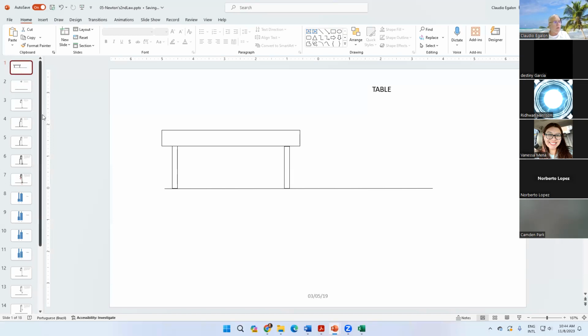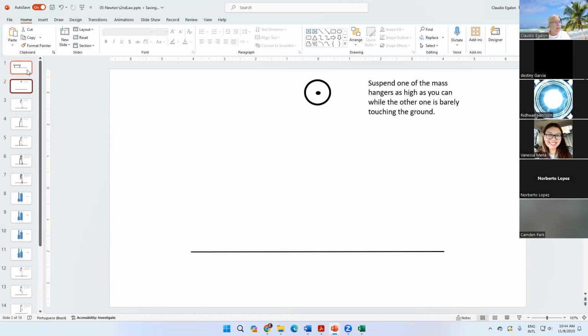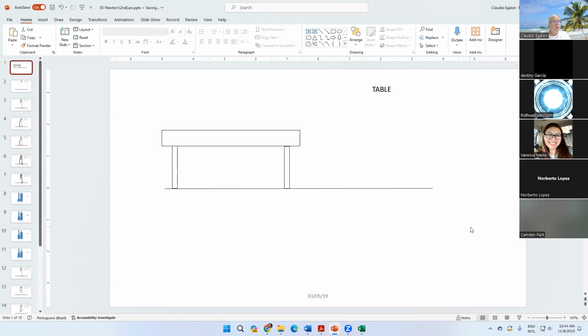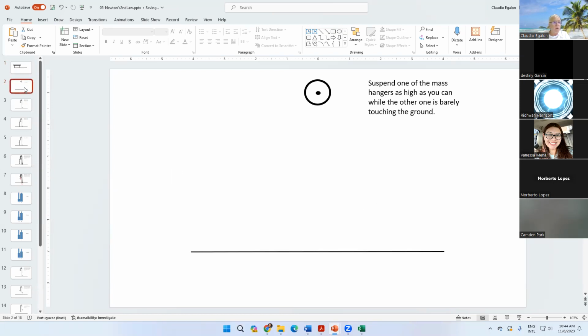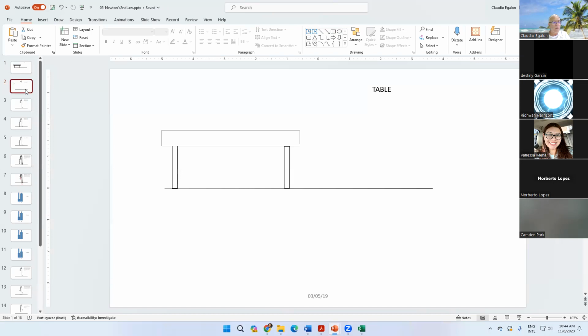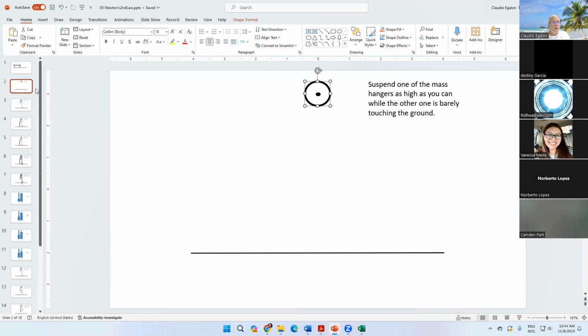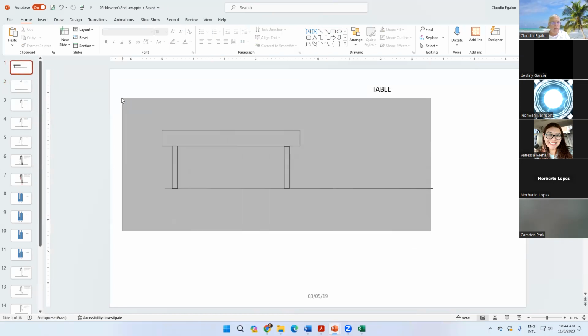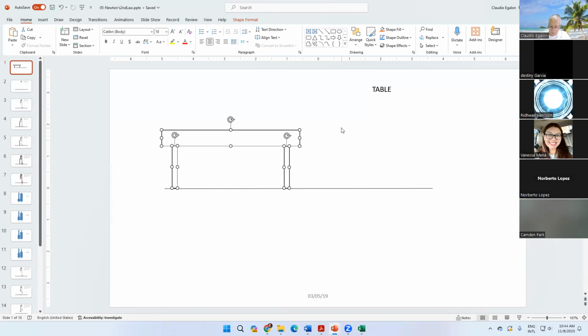Okay, so here we go. I'm going to put my table at the very middle.